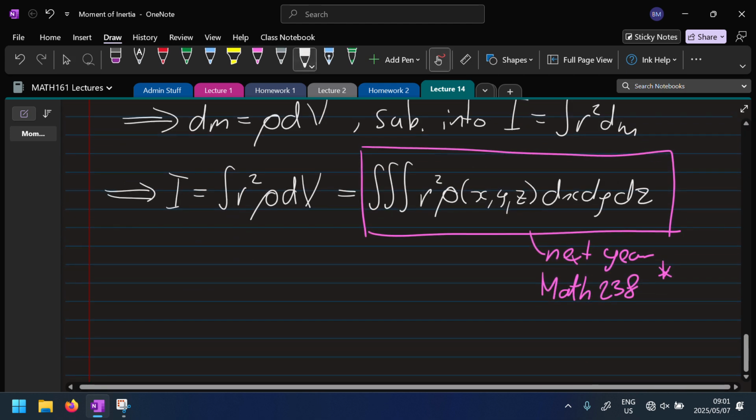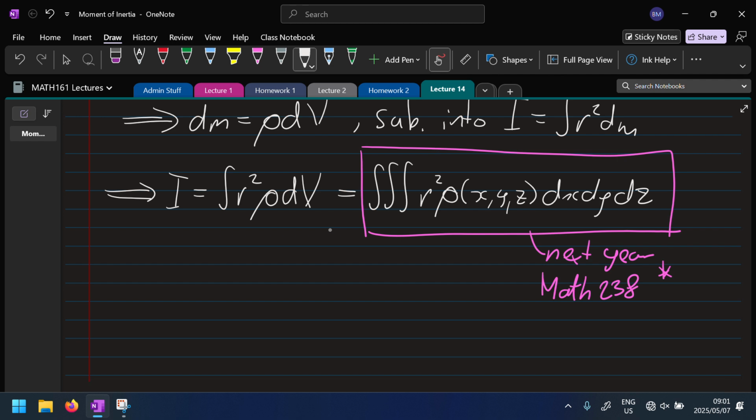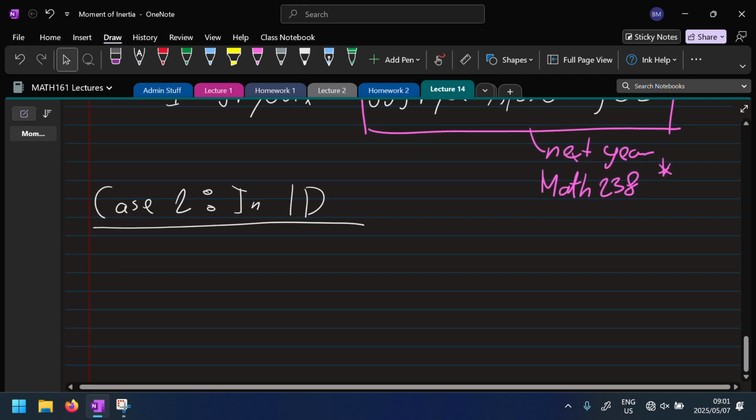Okay. Next case we're going to look at is the one-dimensional case, much easier than 3D. So case 2 in 1 dimension. Now we need to imagine a one-dimensional solid.